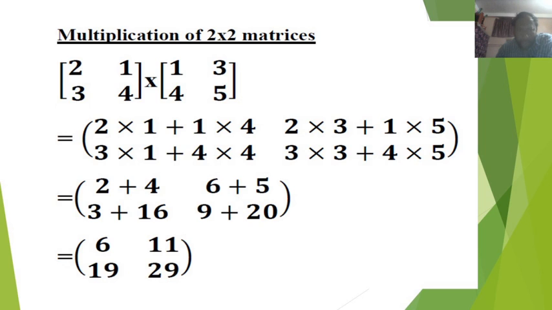This is equal to 2 plus 4, 6 plus 5, 3 into 1 is 3, 4 into 4 is 16, and 9 plus 20. So we get 6, 11, 3 plus 16 is 19, and 9 plus 20 is 29. This is the matrix multiplication of 2 by 2 matrices. So that is all about that. Thank you.